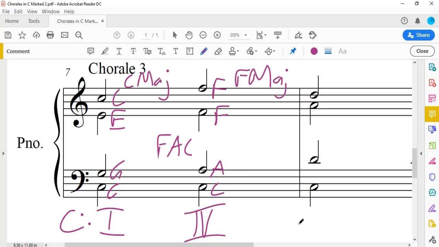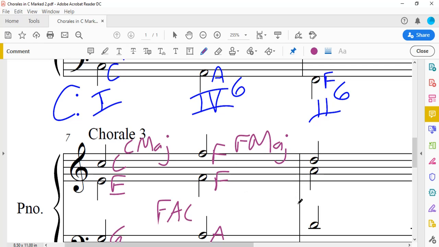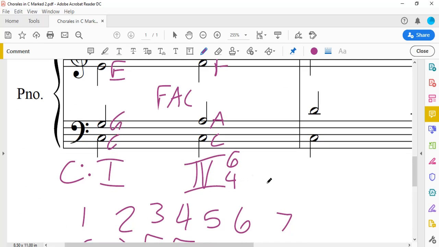And the way that this is marked is with a 6 and then a 4 underneath. The reason why we have that is the distance from this C to this A is a 6th, so we have to mark the 6, and we also need to mark the 4 from C up to F. That's a perfect fourth, because if we just mark the 6, that says first inversion. But this one's in second inversion.